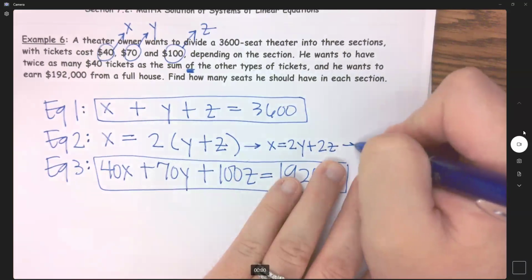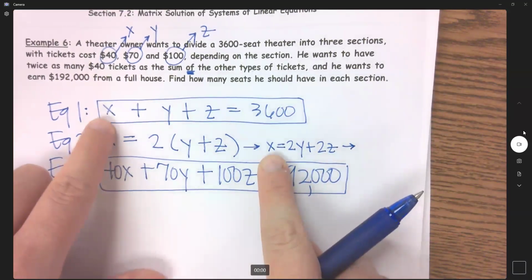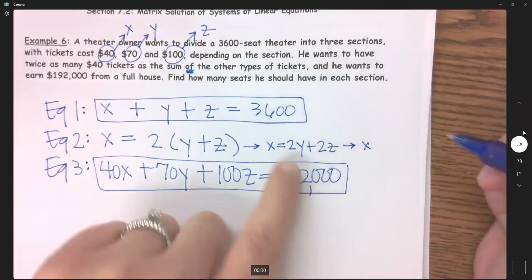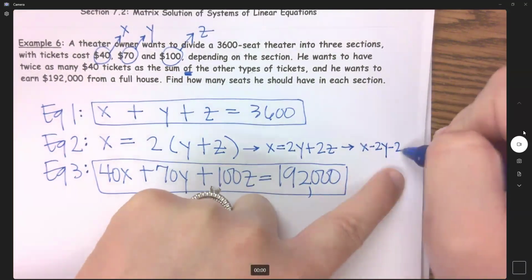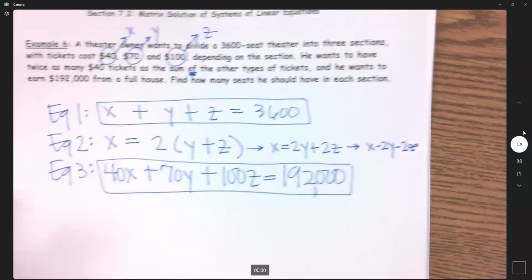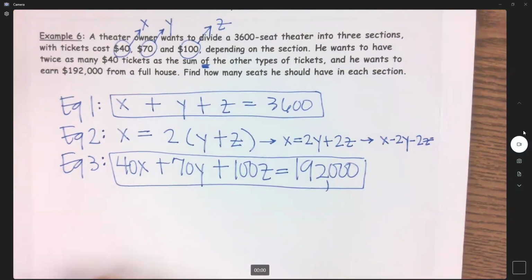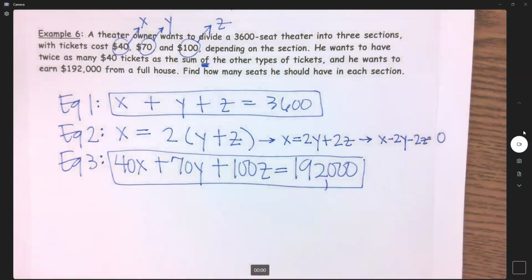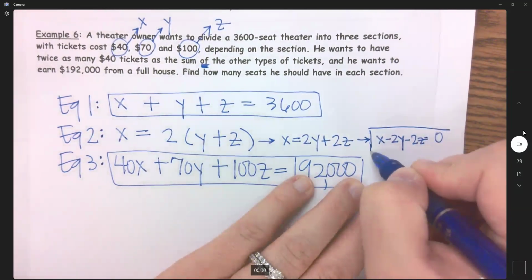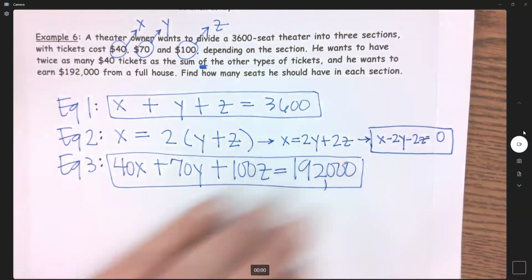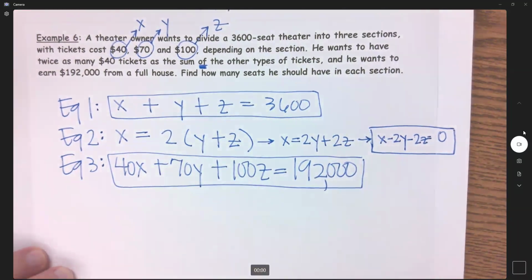Now I can put this into the right form. My x is on the right side, but I'm going to have to subtract my 2y over, subtract my 2z over, and I'm just out of room. That's going to equal 0. So this is my second equation, now written in the right form.